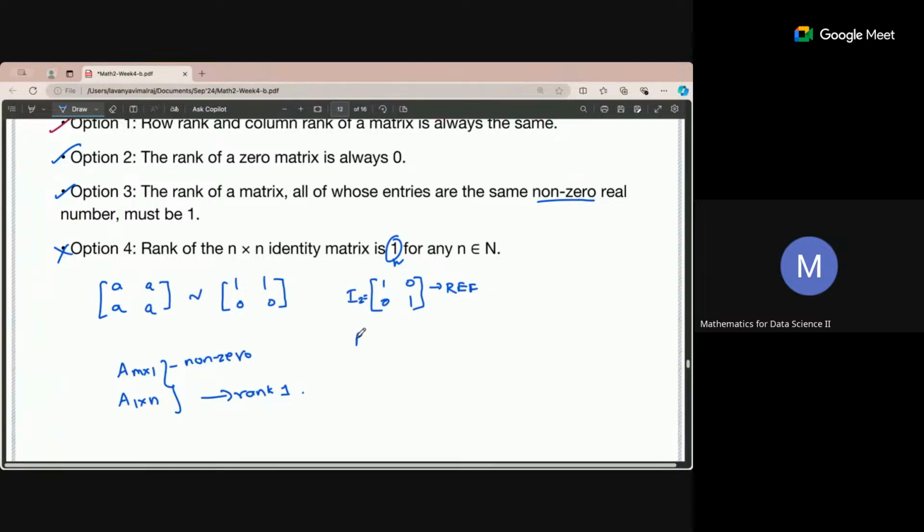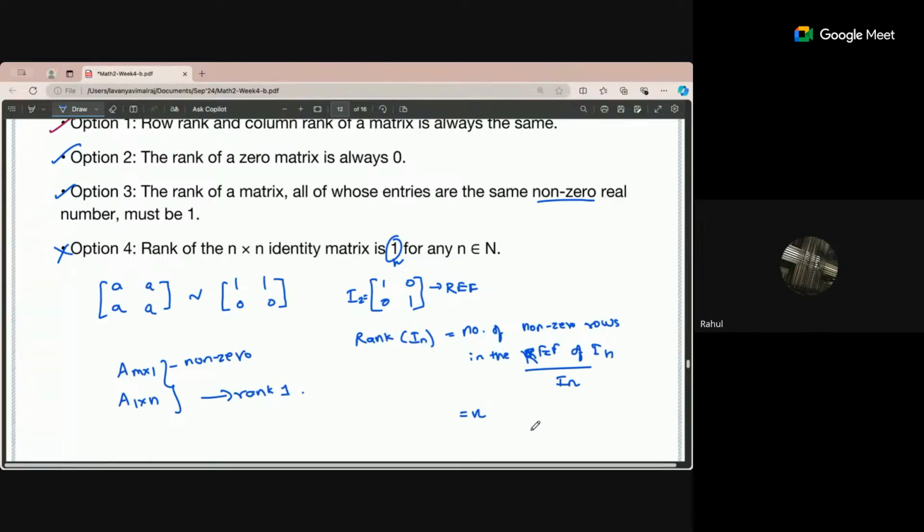The rank of any matrix, here we are talking about rank of I_n, is the number of non-zero rows in the REF form of I_n. But REF of I_n is I_n itself. So I_n has n rows, and so the answer is n.